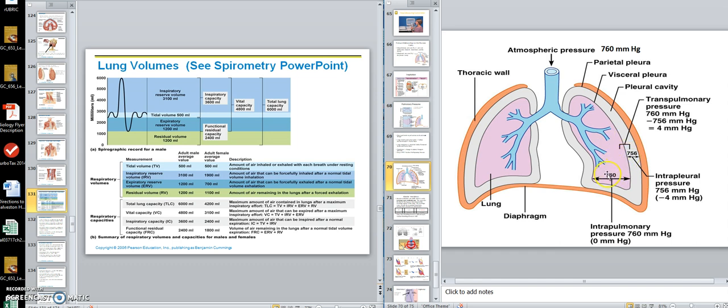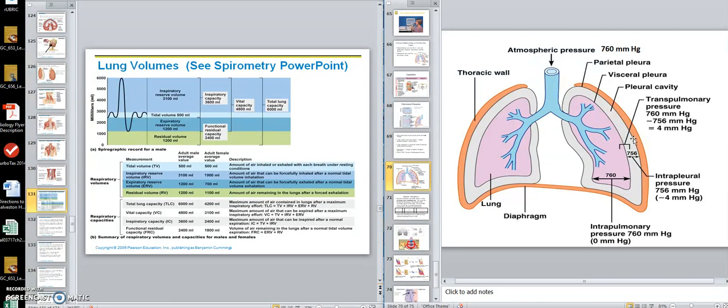But the key is if you're 758, you're less than 760. So air rushes in. How much air rushes in? Well, if we use this chart, again, like I said, difference in people, 500 cc's, because that would be your tidal volume. So by dropping that 2, 500 cc's came in. Again, let's go back.